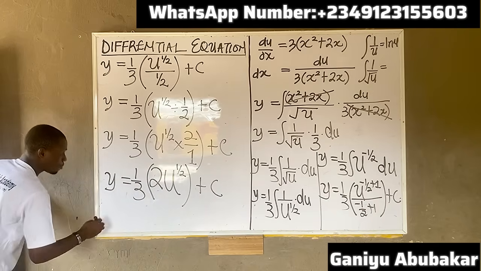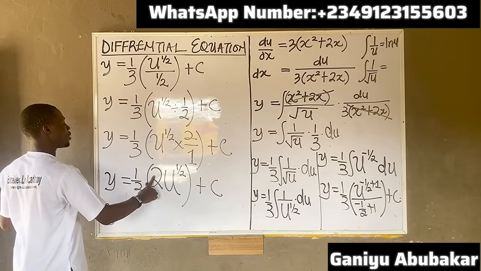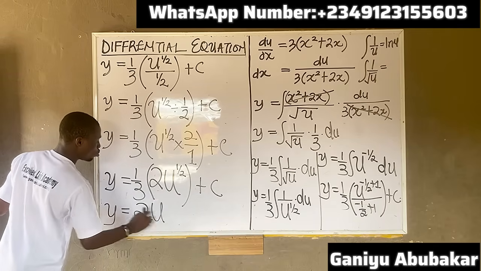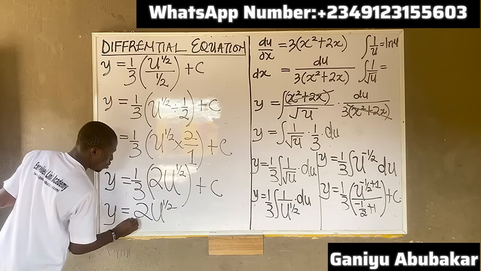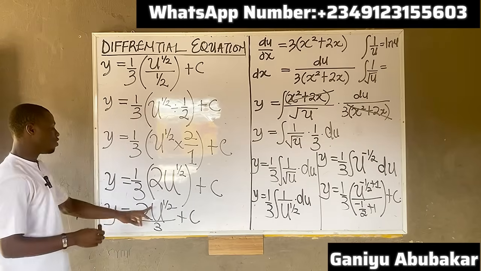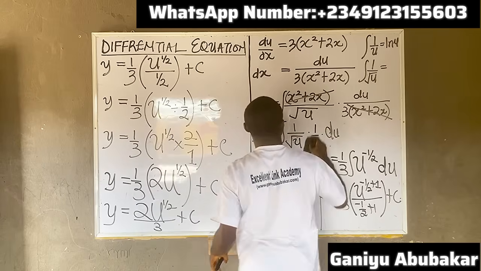Right? From here, y will be equal to 1 times 2 times u to the power 1/2. That gives you 2u to the power of 1/2 all over 3 plus c. What is u? Let's put the value of u here.